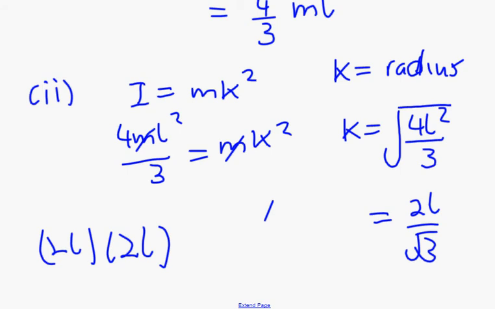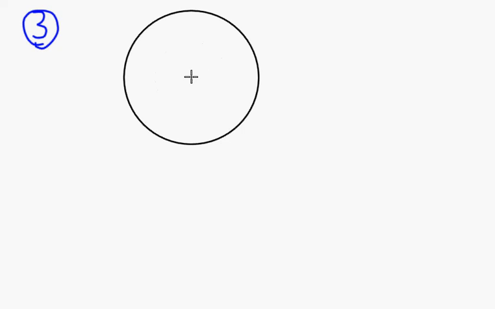Question 3 is a uniform annulus, which is like a disc but it's missing part of it. So basically, it's exactly like a CD. Here's our uniform annulus.